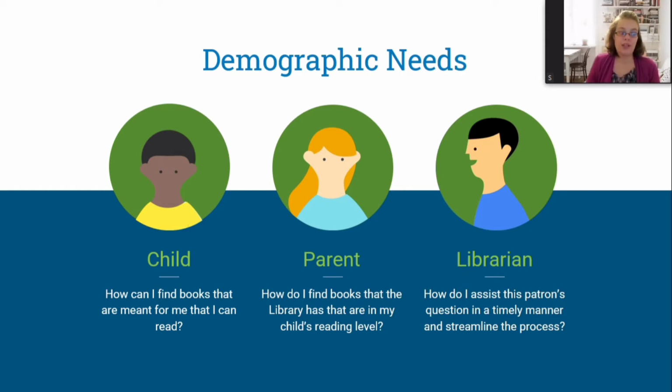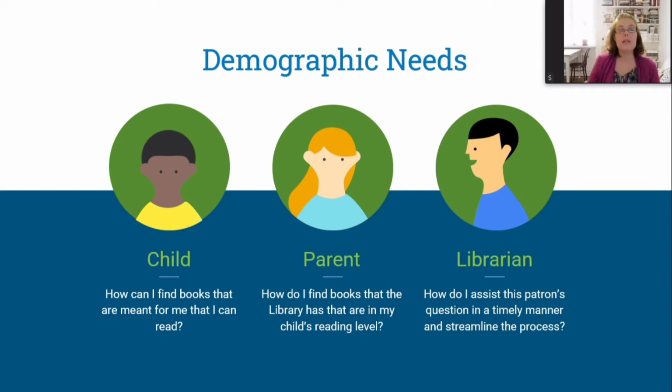For children, they want to be able to find books that are meant for them to read, that they can read. The parents of these children want to be able to find books that the library carries that are specifically in range of their child's reading level.